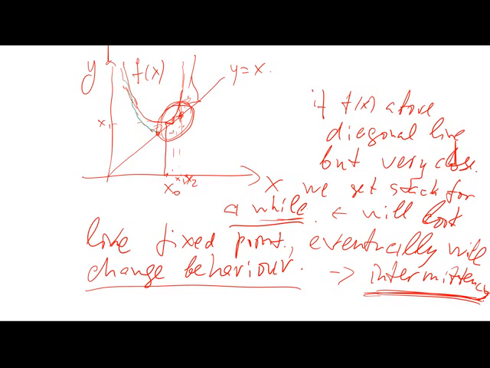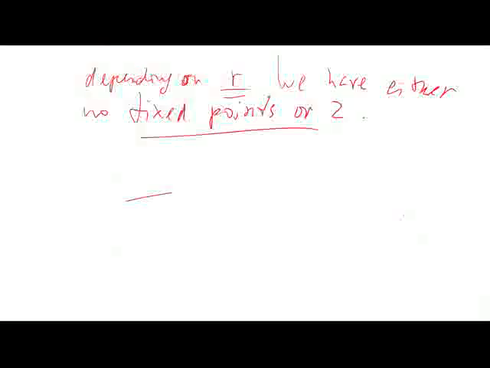If it crosses, now we have two fixed points, here and here. So this is what it means. It means that we have a bifurcation.